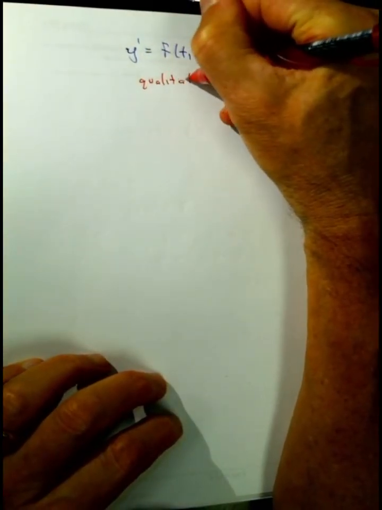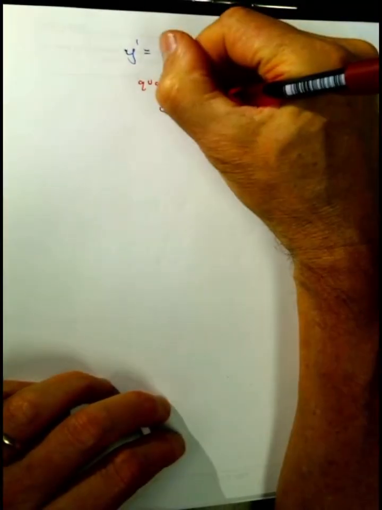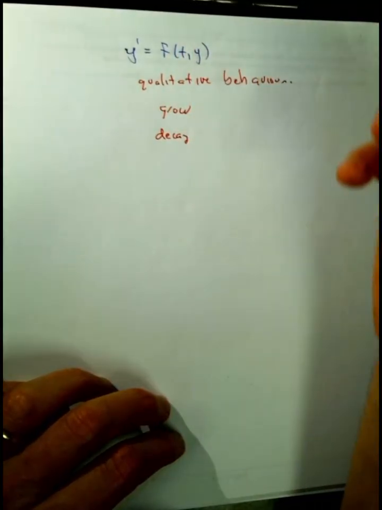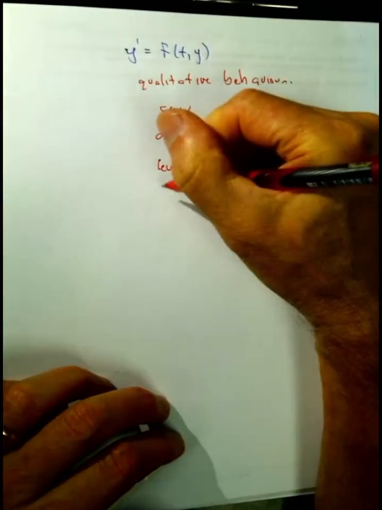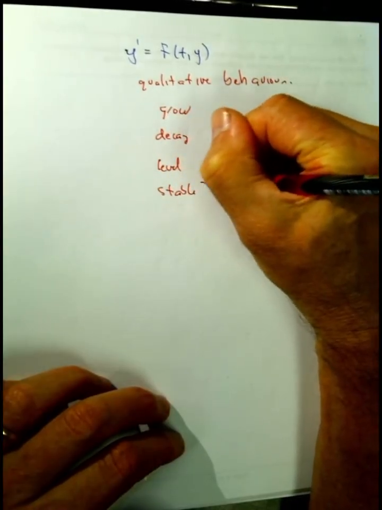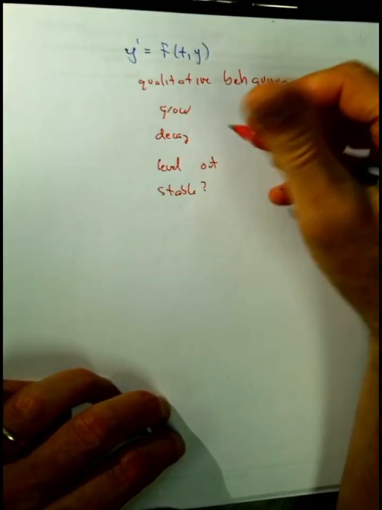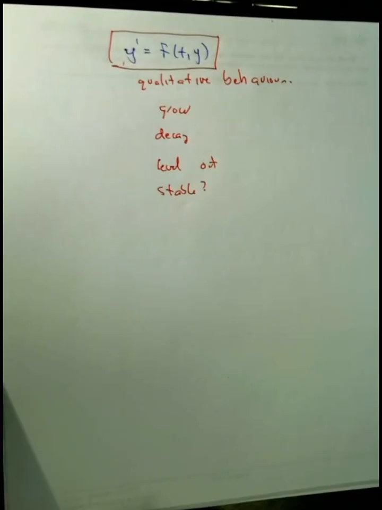And we're going to refer to this as the qualitative behavior. So we can ask, does it grow? Does it decay? Does it level out? Right? We can ask, is it stable? This is basically whether or not it goes out of control. And we can do that by just looking at that thing without solving it.